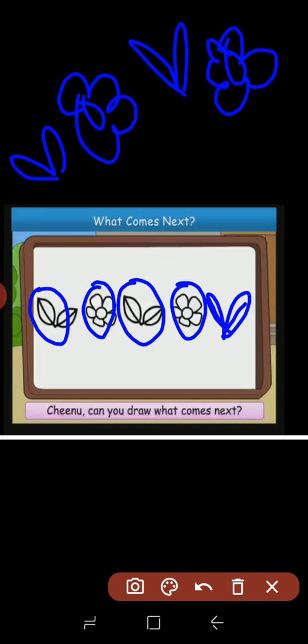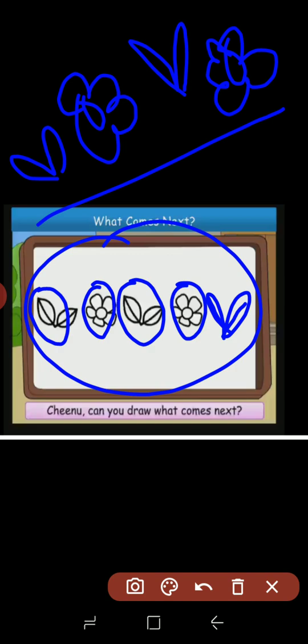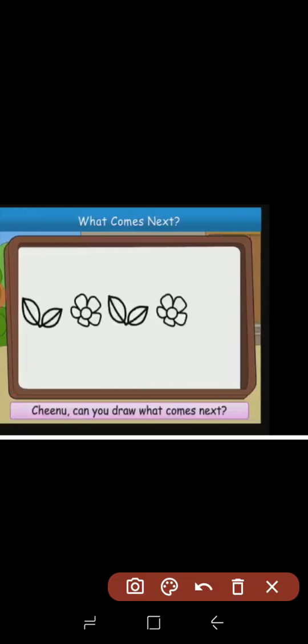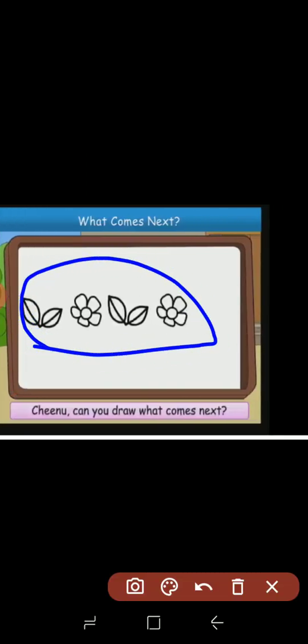In this way you can complete these patterns. Okay, so can you draw another pattern using this similar picture? Draw it in your copy and show me. That means you just have to click photos and send them to me so that I can understand whether you are getting this pattern system or not. Understood?